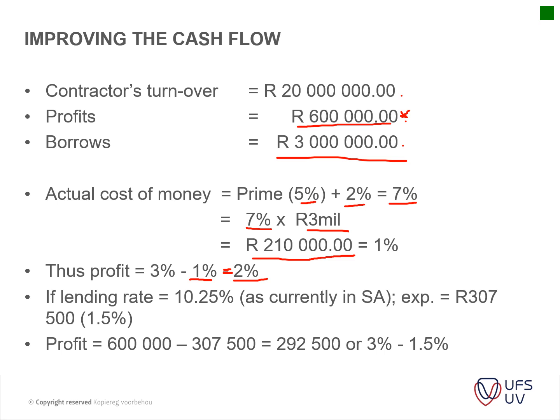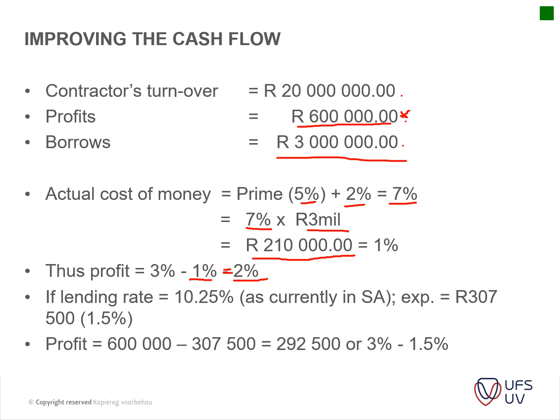Now if you do that calculation, 1 divided by 3, it's a third of your profit that you lose by just paying interest on that 3 million.